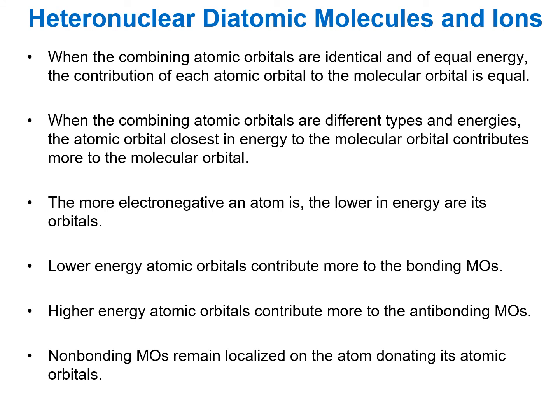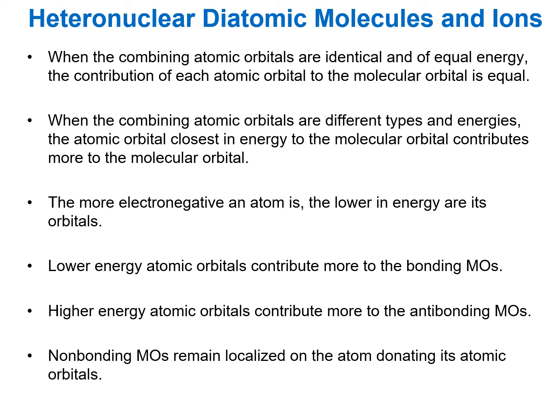So this is getting into a level of detail about who is contributing the most, and it has to do with having some understanding of the energy levels that the electrons are existing in for each atom. And we'll take a look at that in the next couple of slides.